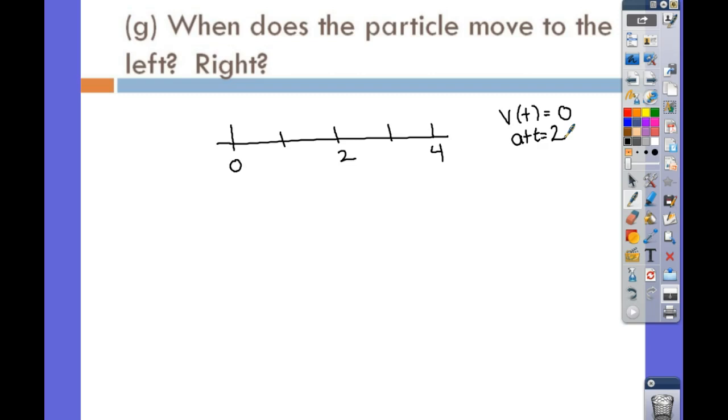So we want to know what is the velocity to the left of 2. So what's the velocity at 1? Let's plug 1 into velocity. 2 times 1 is 2. 2 minus 4 is negative 2. So the velocity from 0 to 2 is negative.